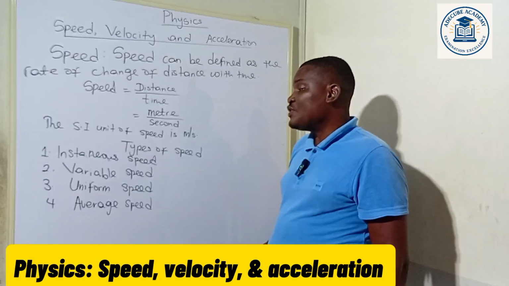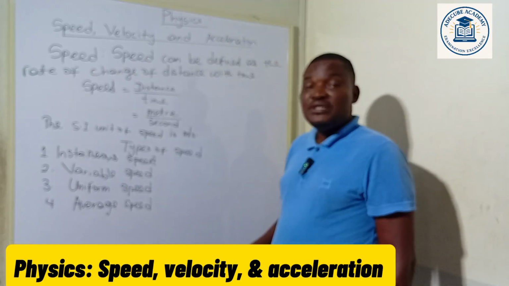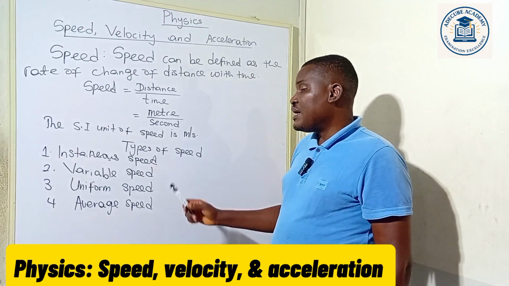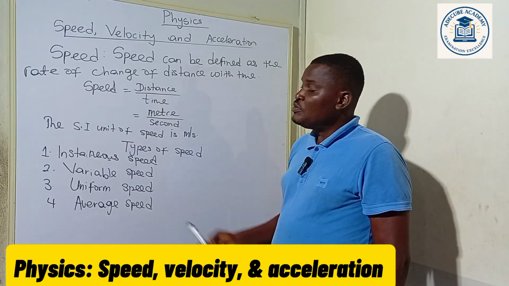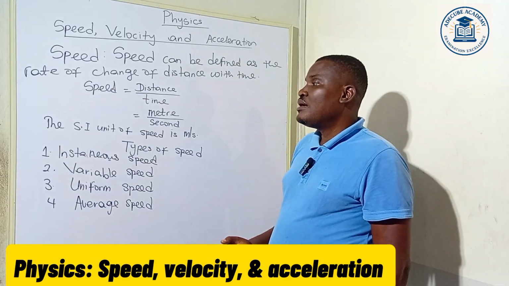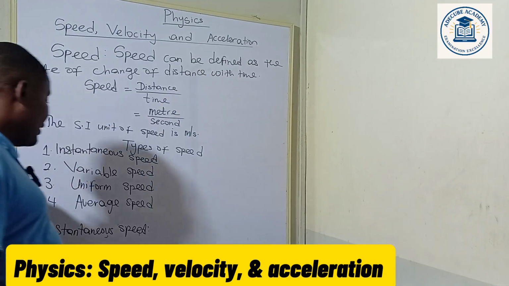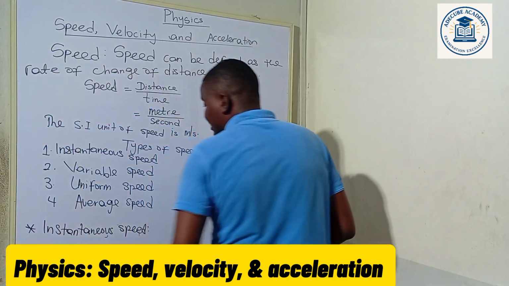We also have the average speed, that's the fourth one. We're looking at them one after the other, starting with the first one, instantaneous speed.